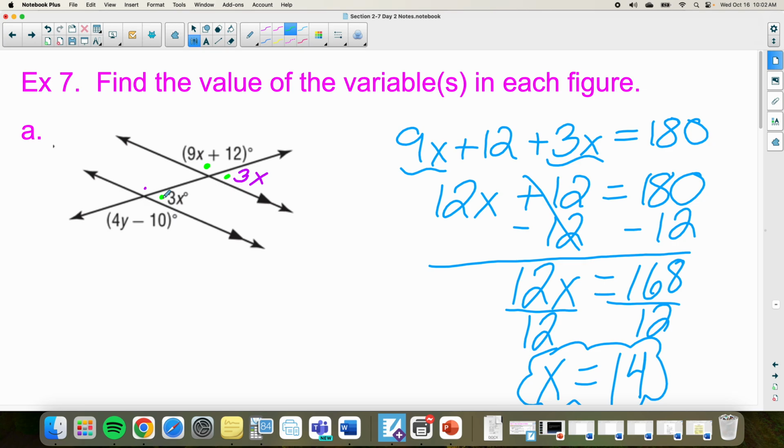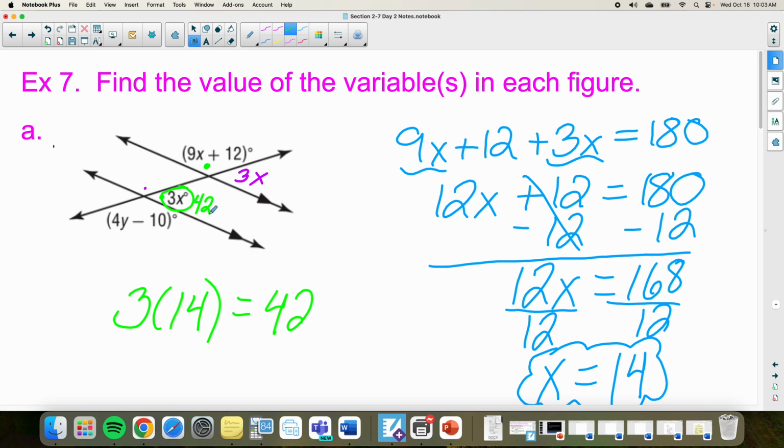Now, actually, I wouldn't want to do this one because there's no relationship between that 3x and the 4y minus 10. And it would be easier to put that in here just because it's a smaller expression. So let's take 14 and put it in there. 3 times 14 is going to give us 42. So this angle is 42.